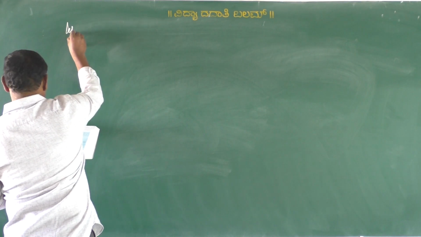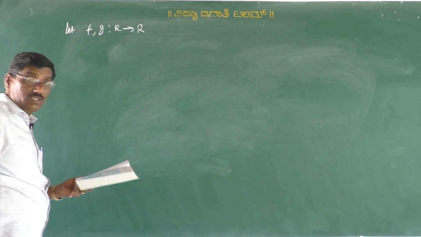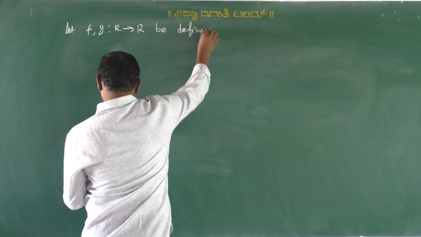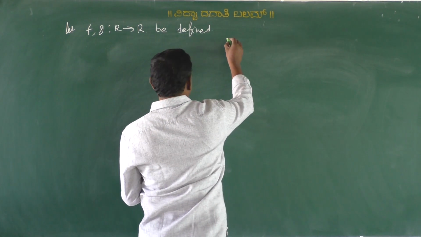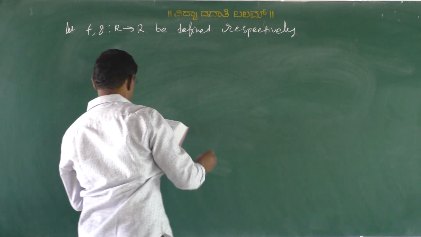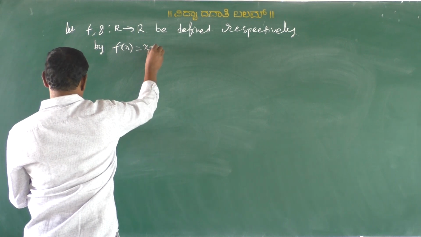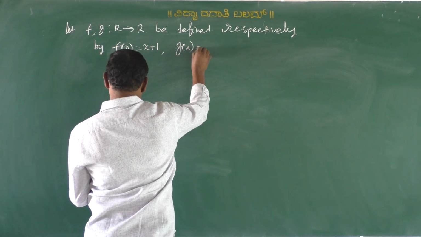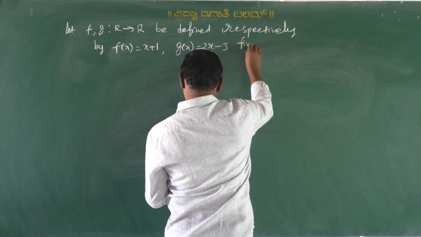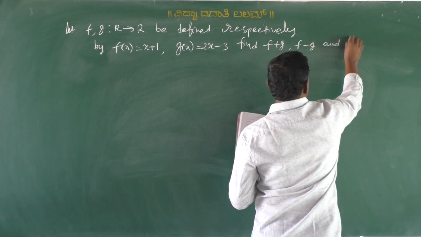Let f, g be two real functions defined respectively by f of x is equal to x plus 1 and g of x is equal to 2x minus 3. Find f plus g, f minus g and f by g.